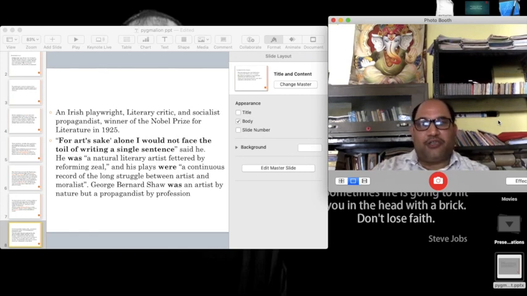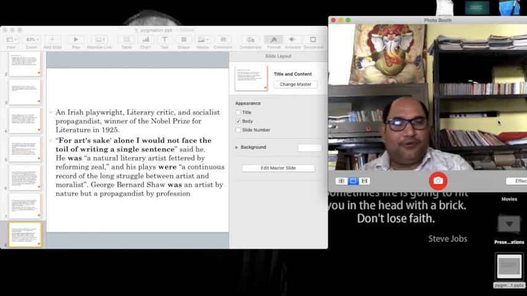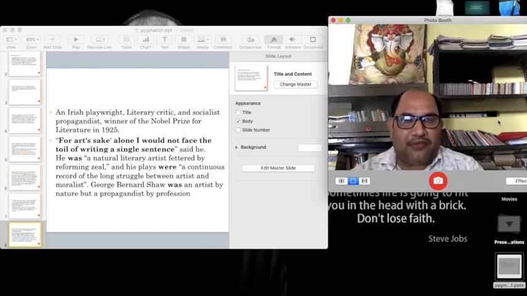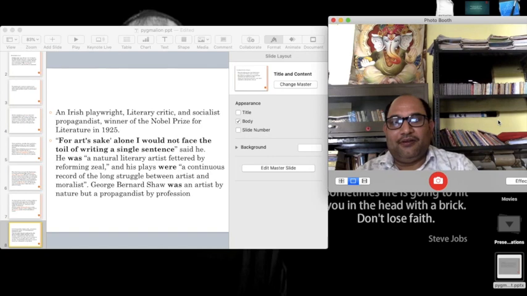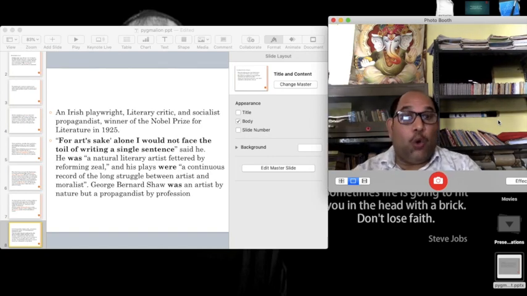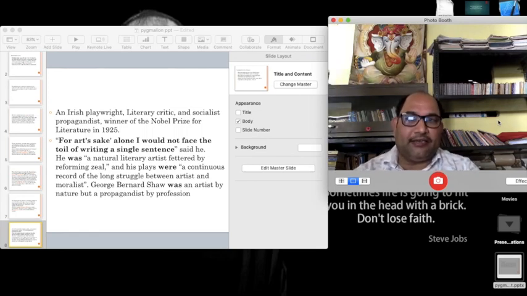Now, when you read the plays of G.B. Shaw, you find that he is the major exponent of art for life's sake. There is one very important statement which was made by George Bernard Shaw: "For art's sake alone I would not face the toil of writing even a single sentence."